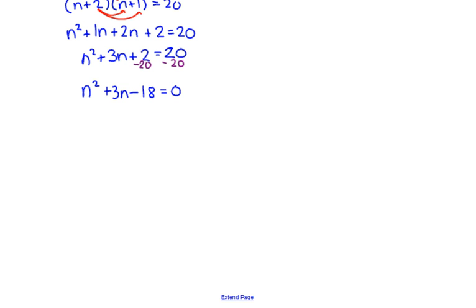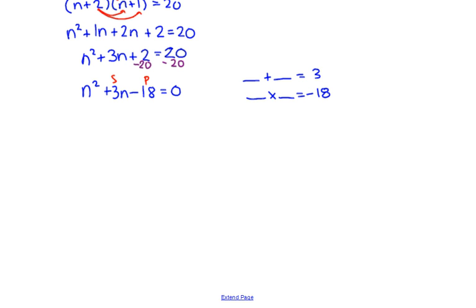Okay, now we can try and factor. This is a simple trinomial. Remember, it's simple because there's nothing in front of the n squared. It's not a complex. We want 2 numbers that sum to 3. Product is -18. So sums to 3, product -18.